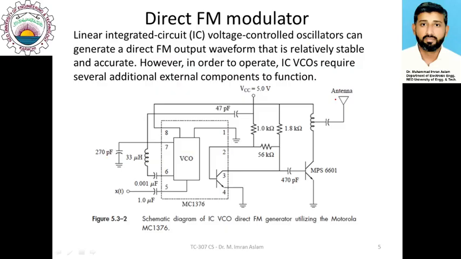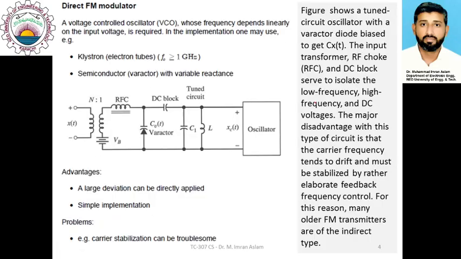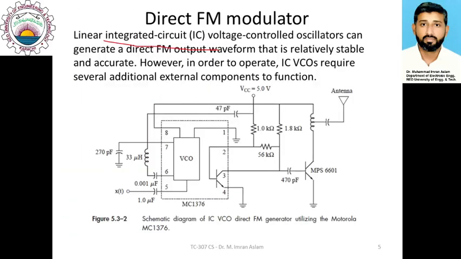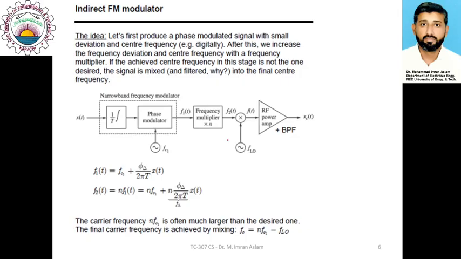So basically the direct generation of FM is obtained by using voltage controlled oscillators, VCOs, that can be based on simple semiconductor variations, and can be fabricated using integrated circuits as just discussed.